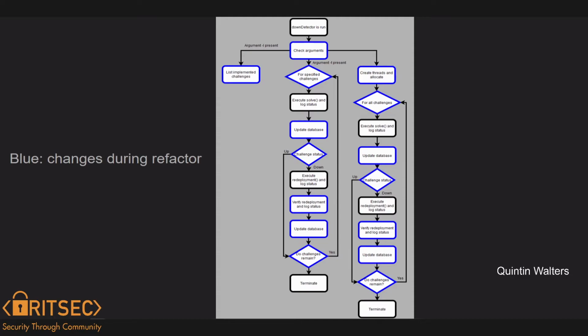It will execute the solve function for a given challenge and log the status. It will update the database for that challenge. Then if the challenge is up, it'll loop back around or terminate the thread. If the challenge is down, it will execute the redeployment function and log the status. It will verify the redeployment was solved, log the status of that, update the database, and then either loop or terminate.